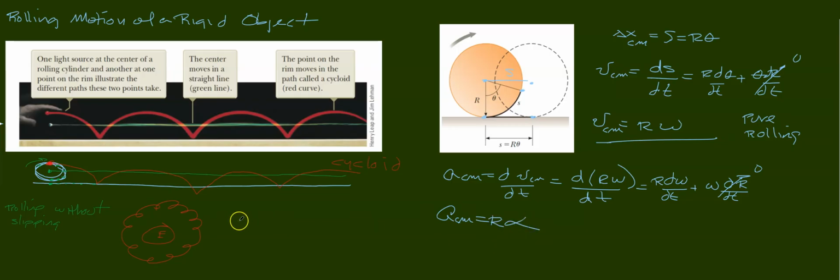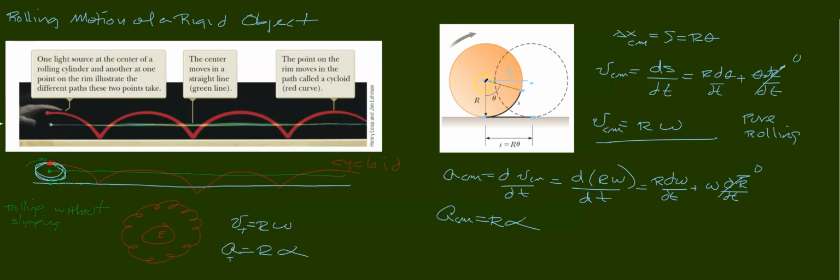I know this looks a lot like these two equations we saw before, but they're not the same. This is the velocity of the rim of the cylinder, and the tangential acceleration. Actually, I should put t and t here: the tangential speed and the tangential acceleration at any point, basically.